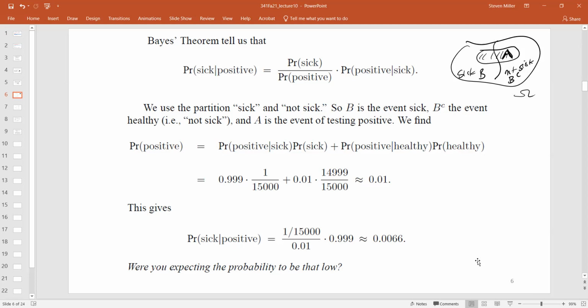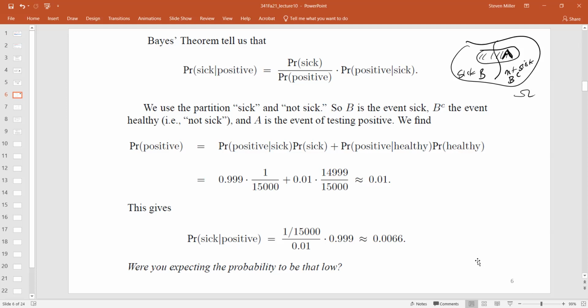So what is the probability that I am sick? That is 1 in 15,000. And then the probability that I test positive, given that I'm sick, is 0.999. It's really, really likely. And then what's the probability that I test positive if I'm healthy? That was the 1%.